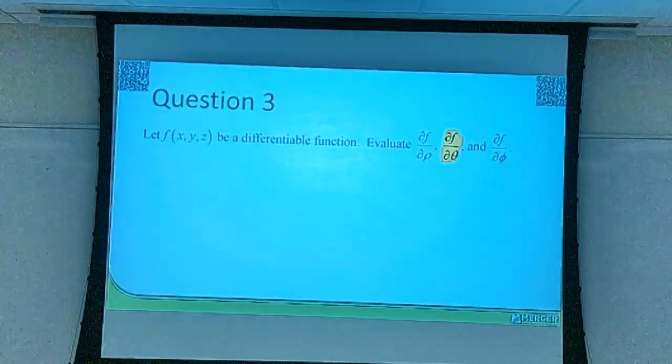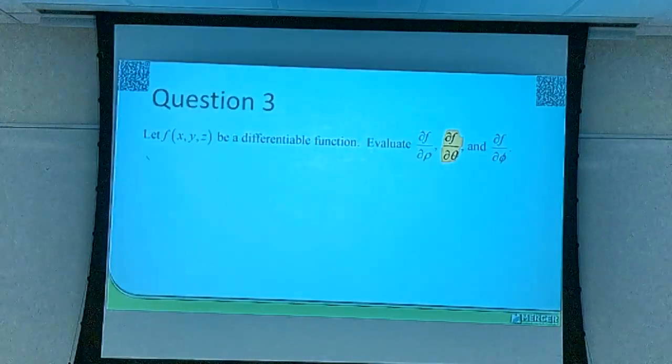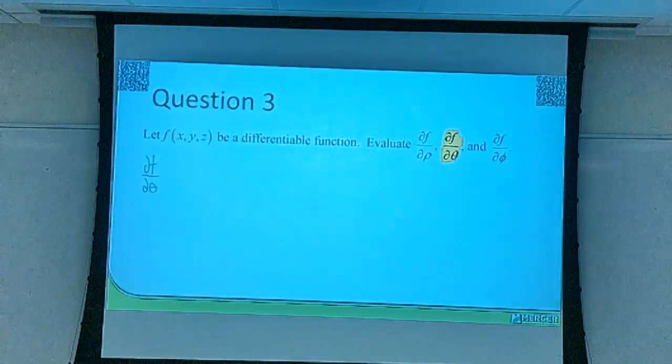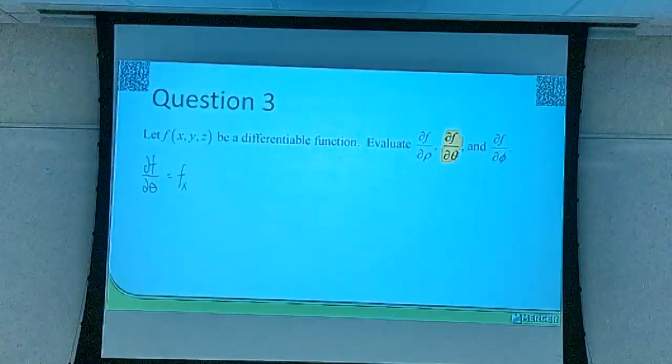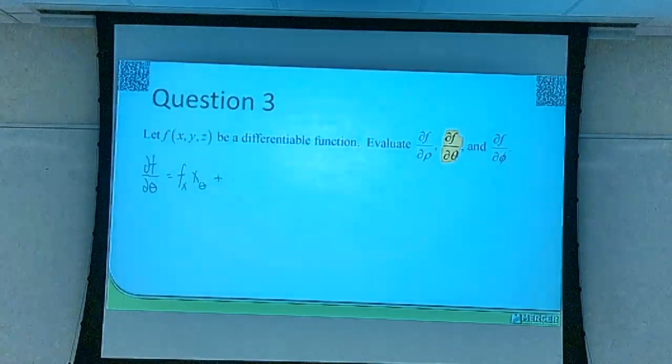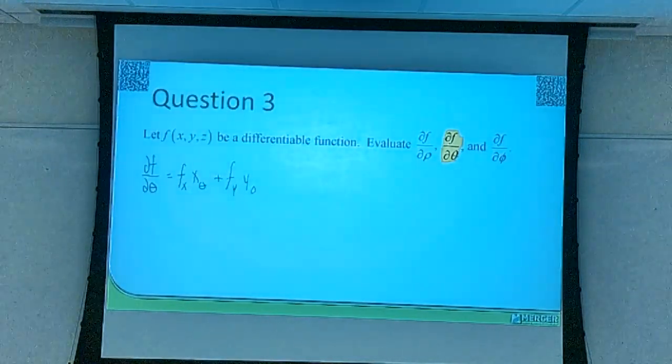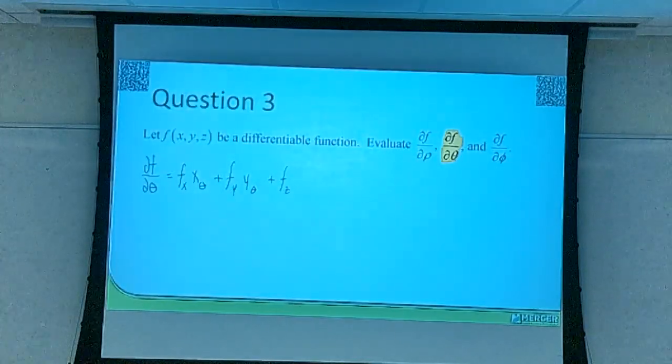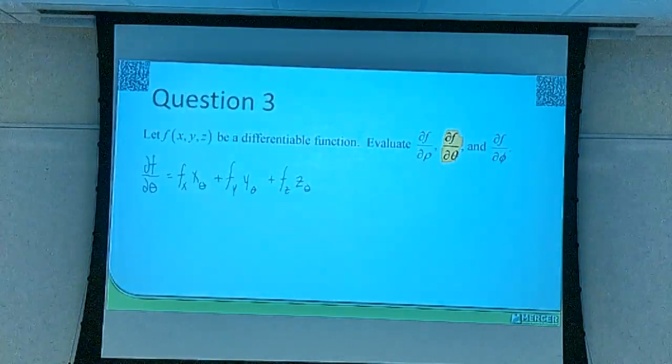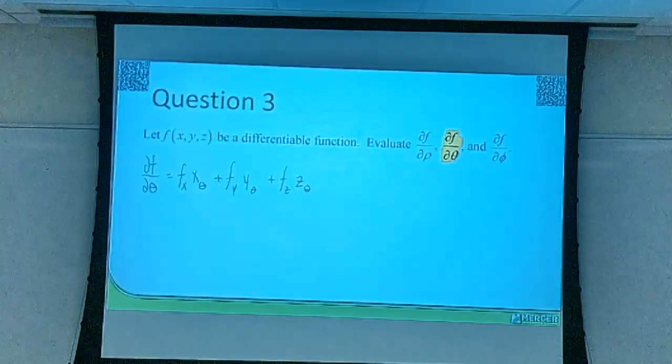With respect to theta, again, chain rule.